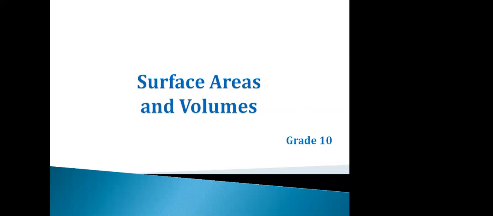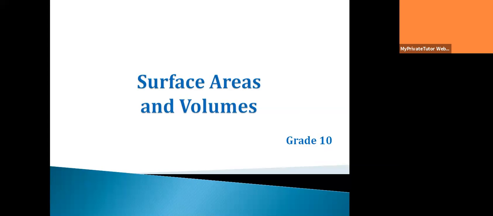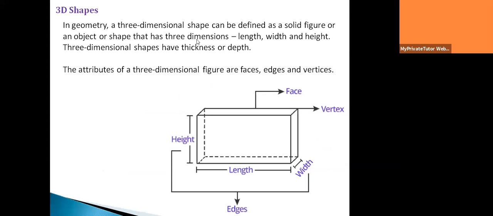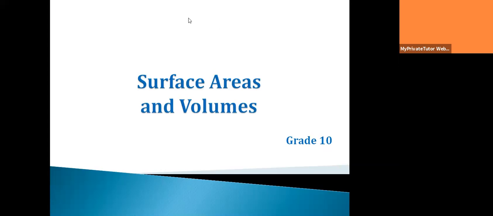Those are flat shapes. For those, we generally find the area, and then we might find the perimeter or the circumference, which is the outer measure.